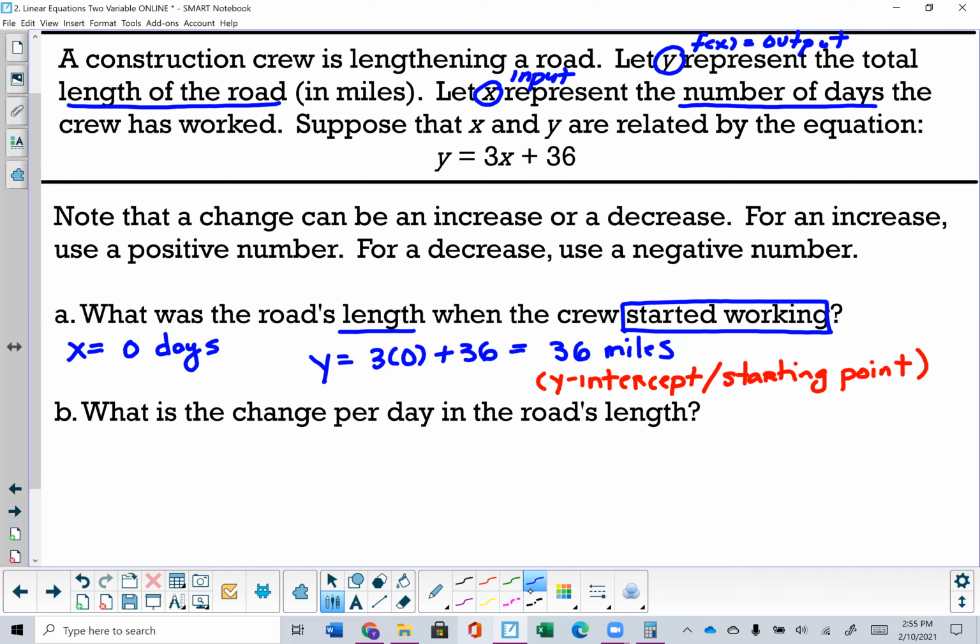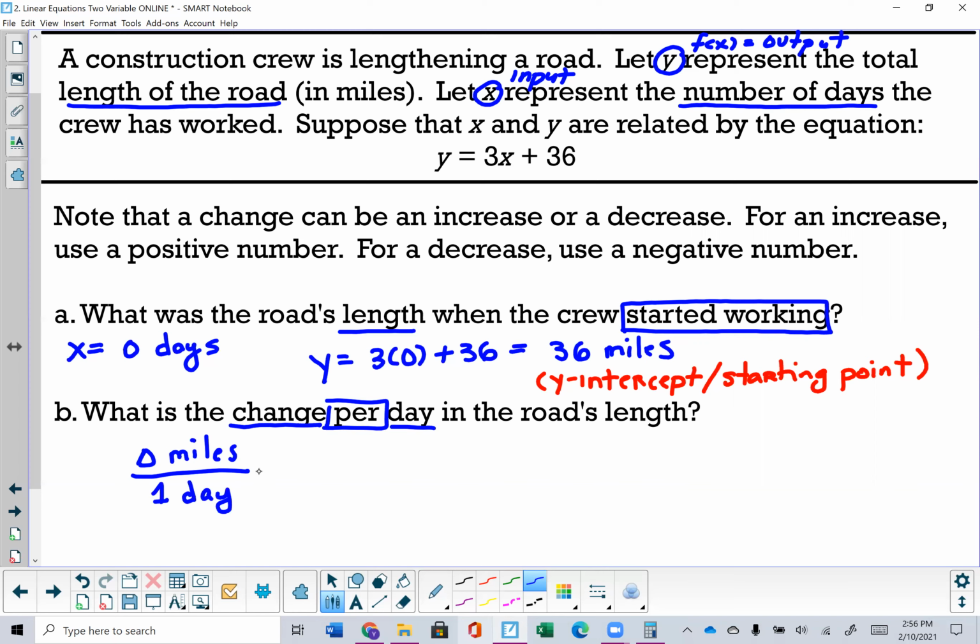All right, the second part says, what is the change per day in the road's length? So we have change per day. That tells me I'm dealing with a ratio, right? The change in the road's length. So we're changing miles, and I use a triangle as a notation for the word change, over per day, 1 day.